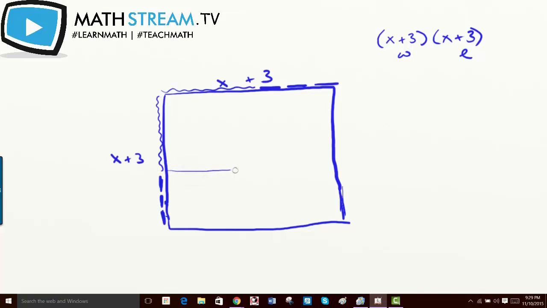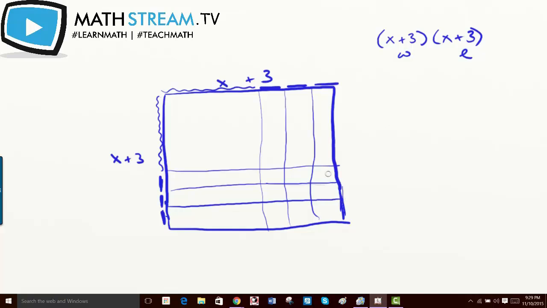Let's make a little bit of a grid in the same way that we made a grid for the rectangle to add up the squares inside of it. And if you've ever used algebra tiles, essentially that's what this is. And let's think about the pieces within this rectangle.